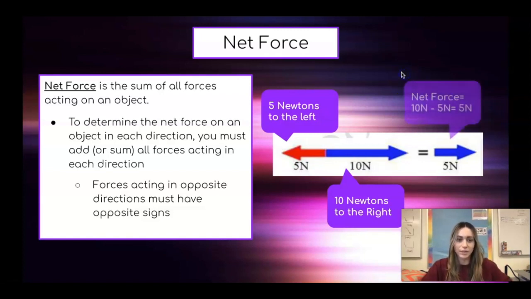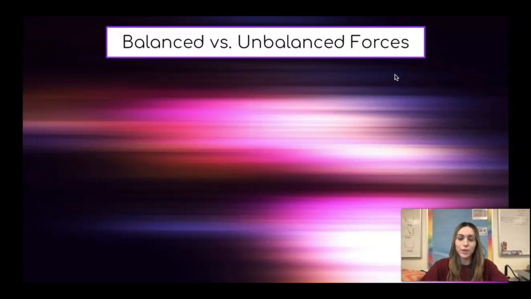For that reason, my net force will be equal to 10 newtons minus 5 newtons, or 10 newtons plus negative 5 newtons if you were to break it down, which gives us 5 newtons. So we could say that the net force acting on whatever object this is 5 newtons positive, or 5 newtons in the rightward direction.